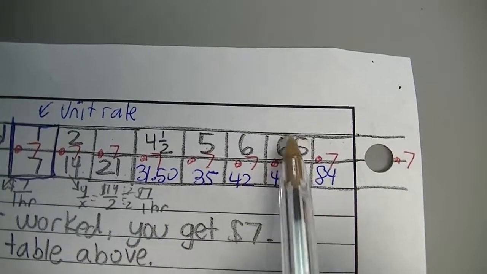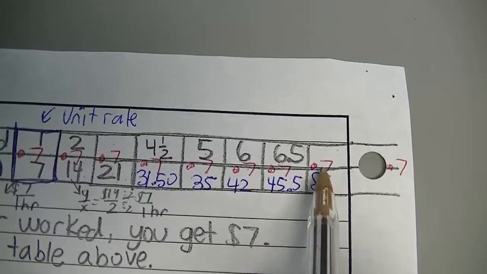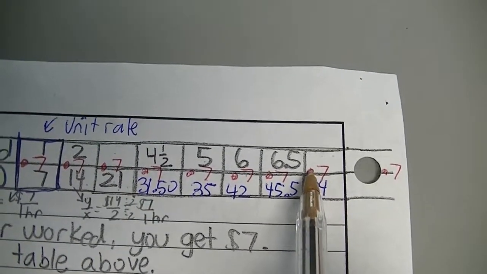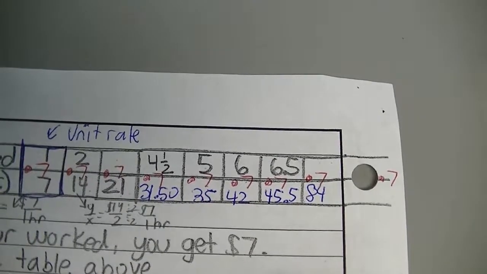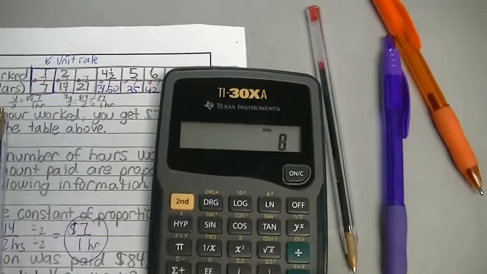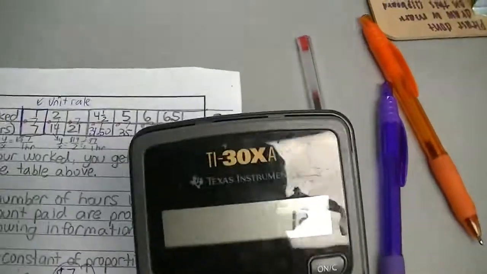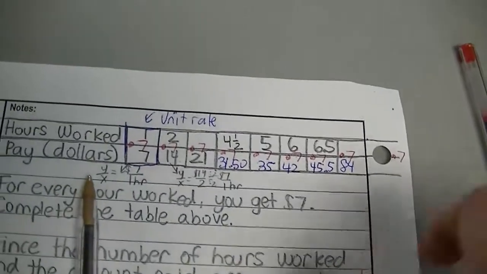Normally you would take this X value and multiply it by 7 to get the Y value, but I gave you the Y value, so you have to work backwards. So what's the inverse operation of multiplying by 7? It's dividing by 7. So you go 84 divided by 7. You get 12 hours. You'd work for 12 hours.